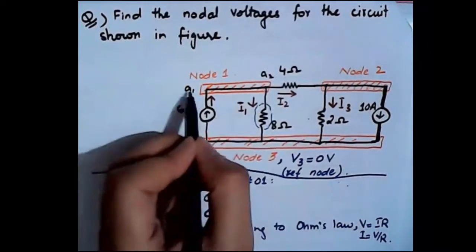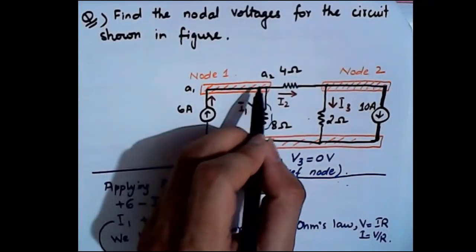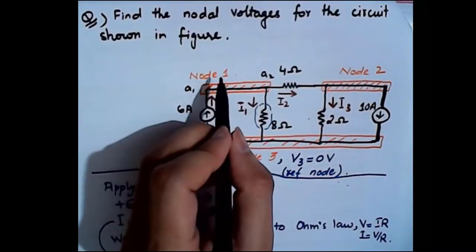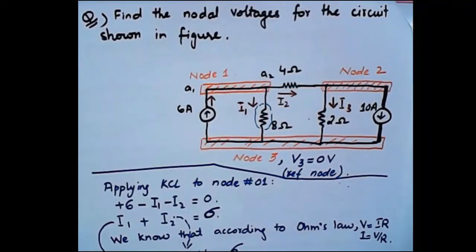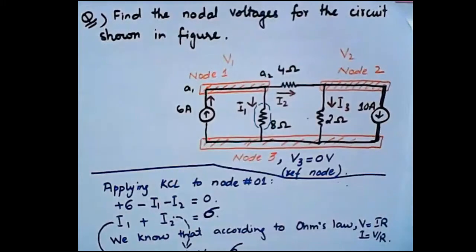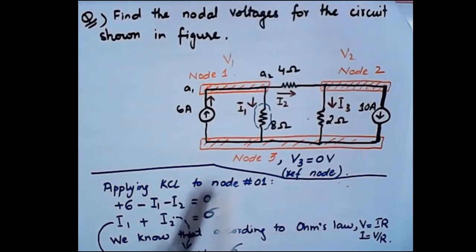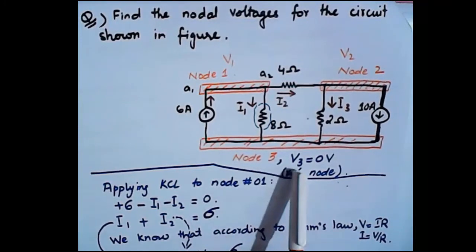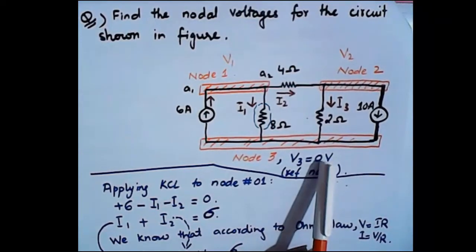So since there is no element connected between A1 and A2, this will be regarded as the same node 1, and we have assigned a voltage V1 to this node, similarly a voltage V2 to node number 2, and our node 3 is taken as reference node whose voltage will be 0.